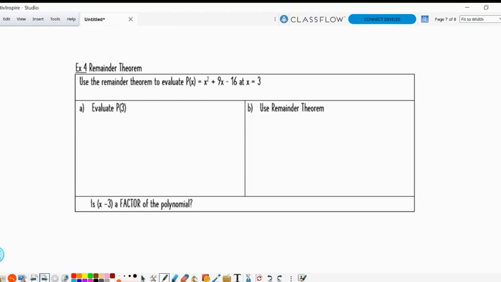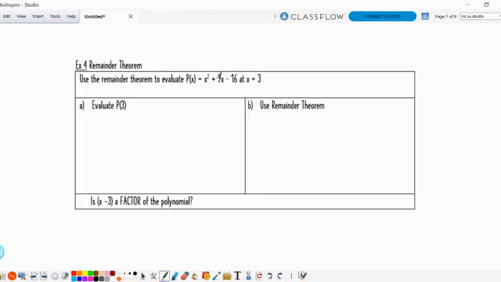So the last thing we're going to look at is using the remainder theorem to evaluate what happens when we plug 3 into this polynomial. Just to compare, see how that works. Other uses of synthetic division. So first, we're going to straight up evaluate it. We're going to plug 3 in and see what we get.